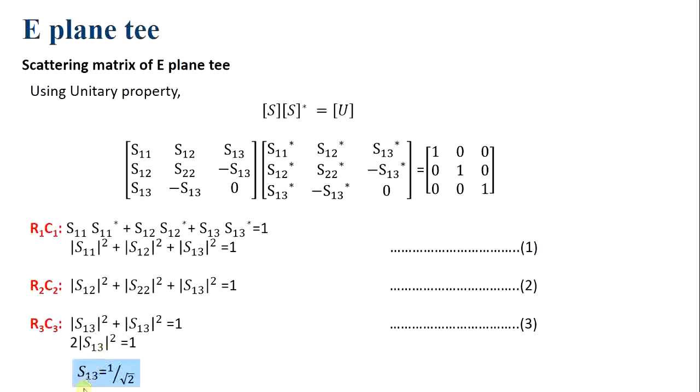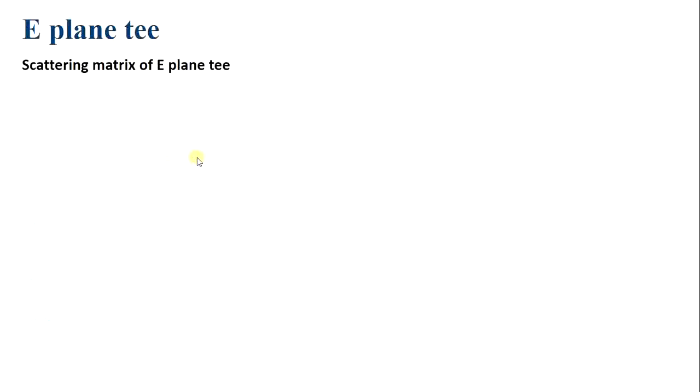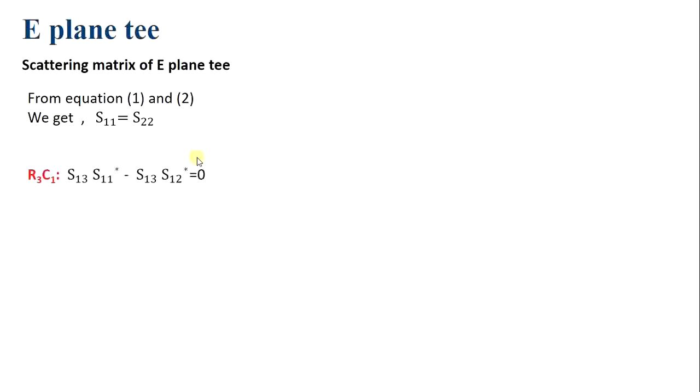So we get S13 equal to 1 by root 2. Now we have found this value of S13. Now we want to calculate the values of S11, S12 and S22. For that, from equation 1 and equation 2, we can write S11 equal to S22.